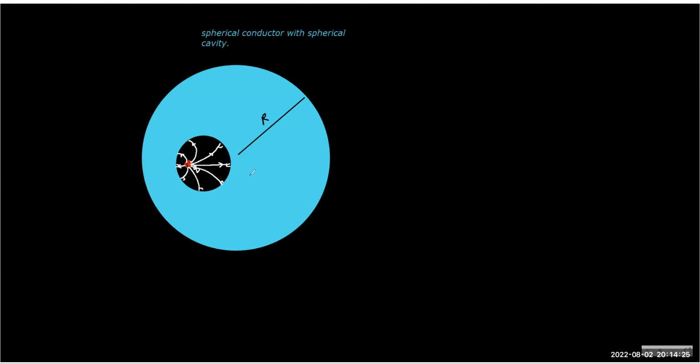So the field lines inside the cavity will look like this, a non-uniform distribution. But what about the outside? So outside is going to be uniform, right?